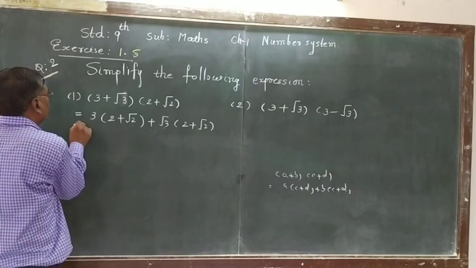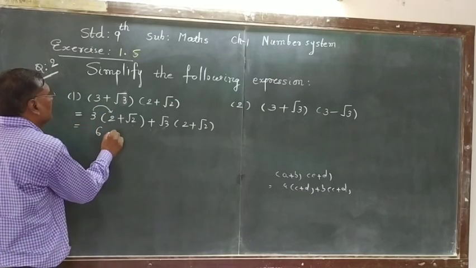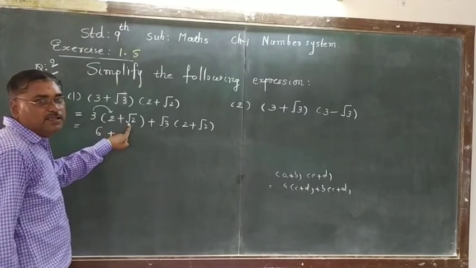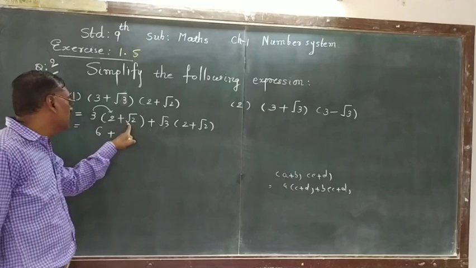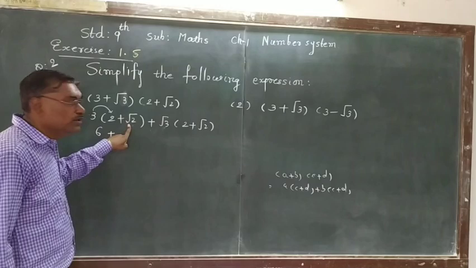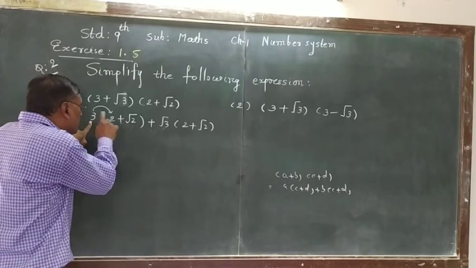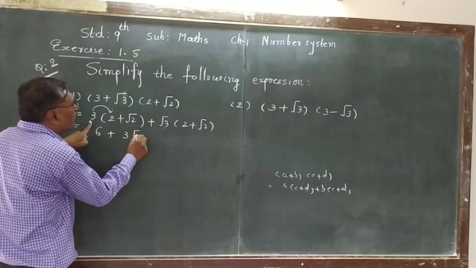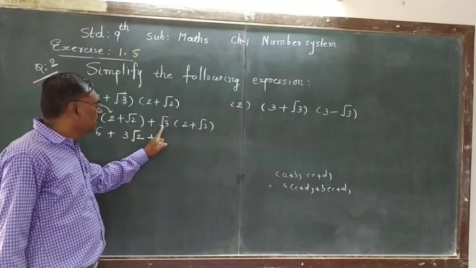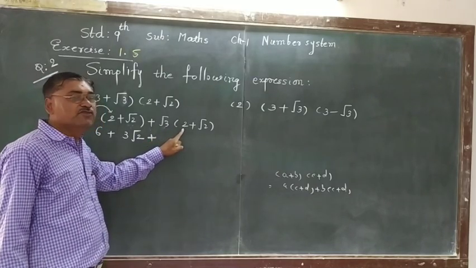Now multiplying. 3 multiplied by 2 is 6, plus 3 multiplied by root 2. Here there is a lot of confusion. You cannot say root 6. Wrong. 3 multiplied by root 2, both are unlike terms, so we write it as it is, 3 root 2, plus the same thing, root 3 multiplied by 2. Here is the confusion.